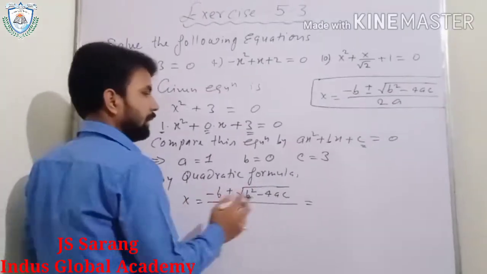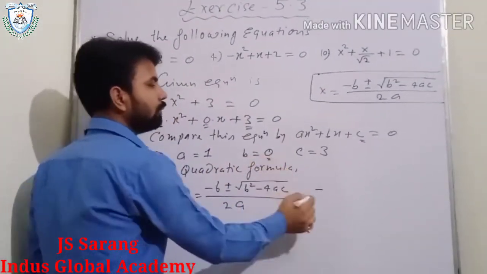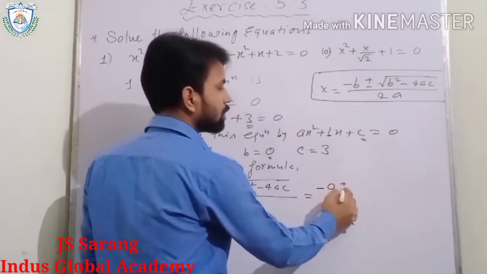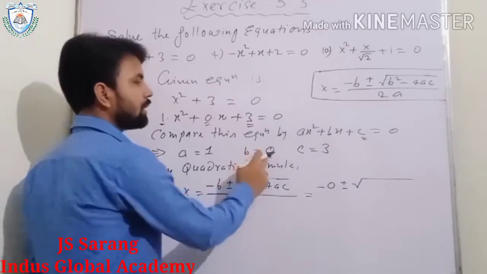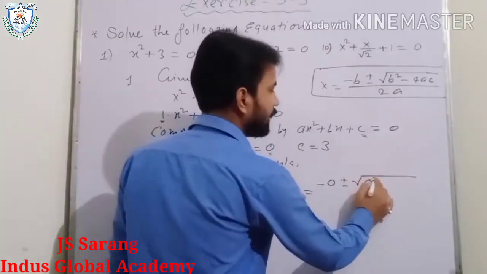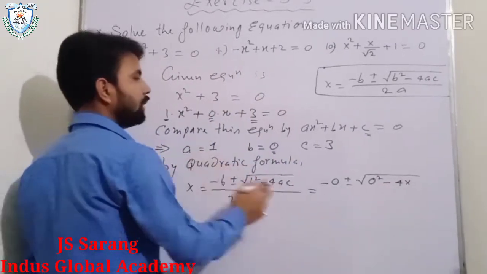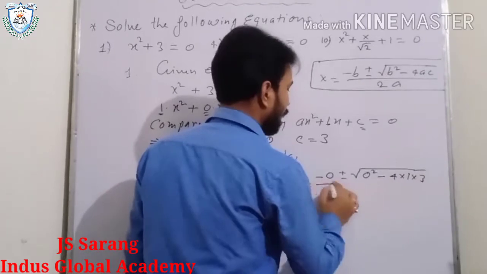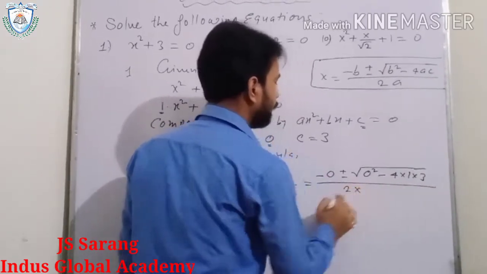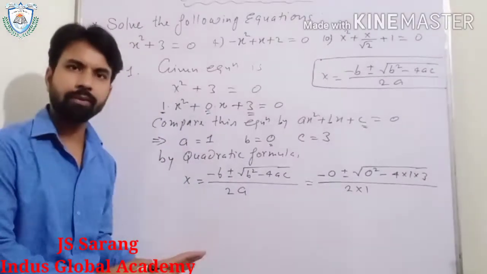So minus b, minus will remain same. The value of b is 0, plus minus under root b square, b is 0. So it will be 0 square minus 4 into a is 1 into c is 3 upon 2a. So 2 into a is 1. Hope it is clear to everyone?